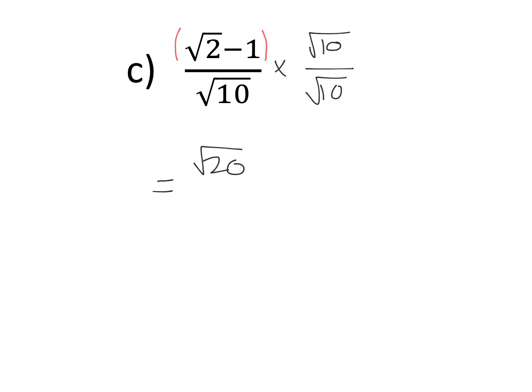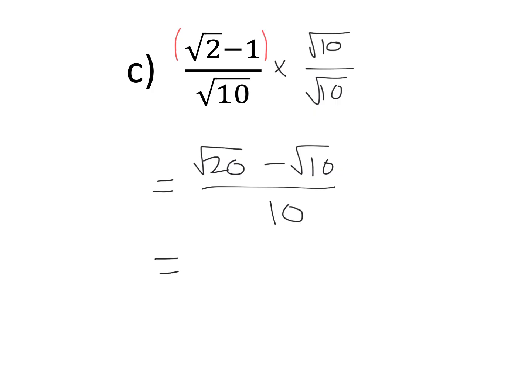And then we're doing root 10 times minus 1, which is minus root 10. Now remember, there's no rule for subtracting those, they'd have to be the same surd. On the denominator, we've got root 10 times root 10, which is 10. So we have rationalised the denominator.